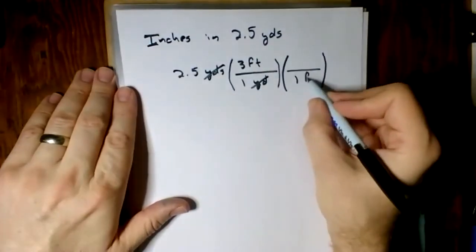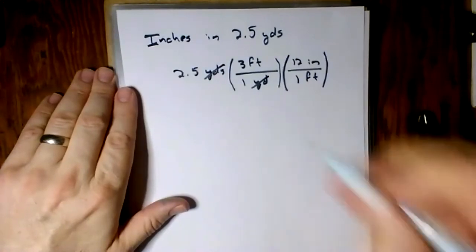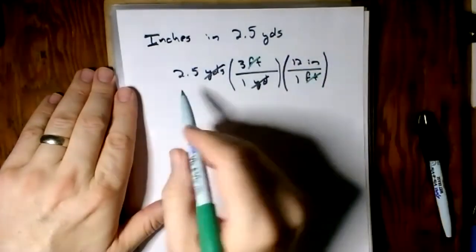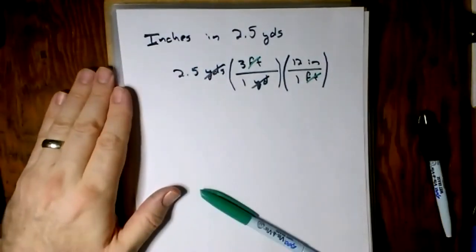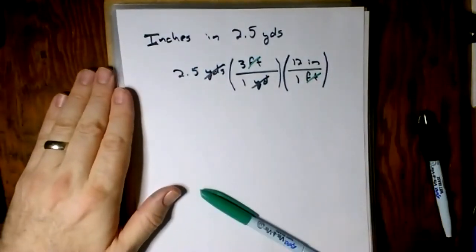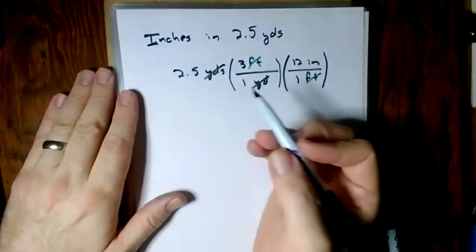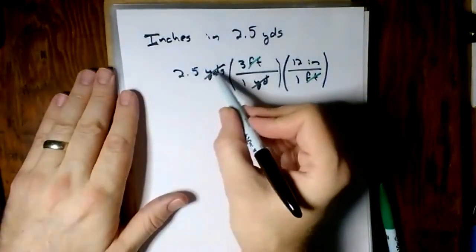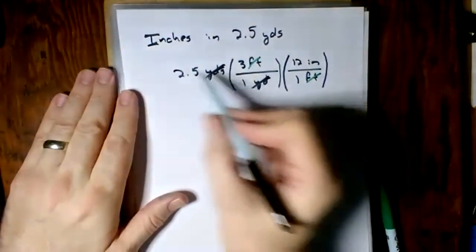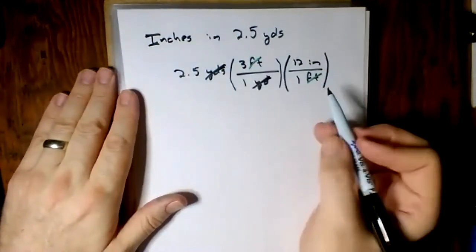So I know that 1 foot is equal to 12 inches. And notice that as I do this, I'm just progressively changing my units. So each of my units sort of cancels out with the next one, so the only units I would have left would be inches.